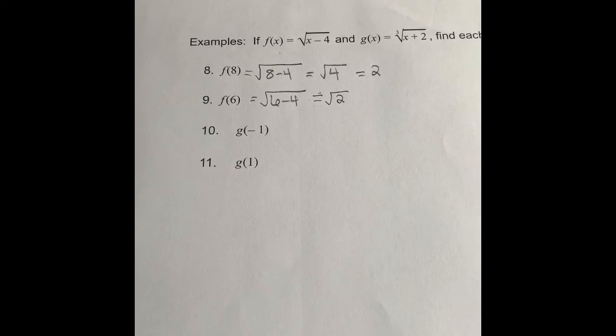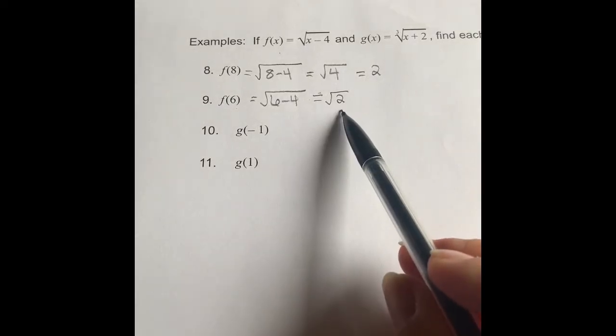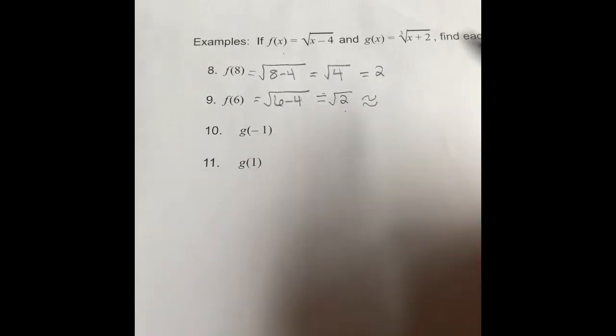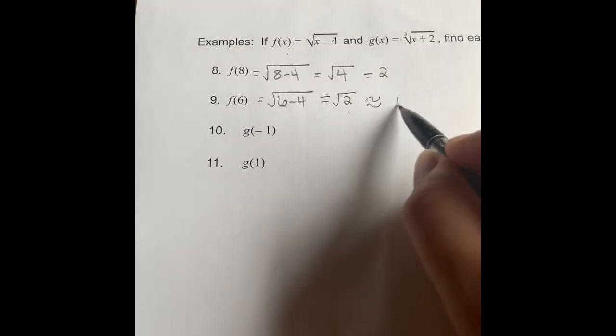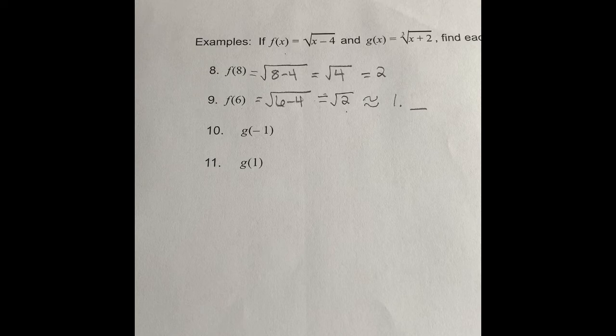If they use the word simplify, then the square root of 2 would just be your answer. If they ask you to have a rounded answer to so many decimal places, again, just plug this into the calculator, and your answer is going to be 1 point something, depending on whatever decimal place they want you to round it to.